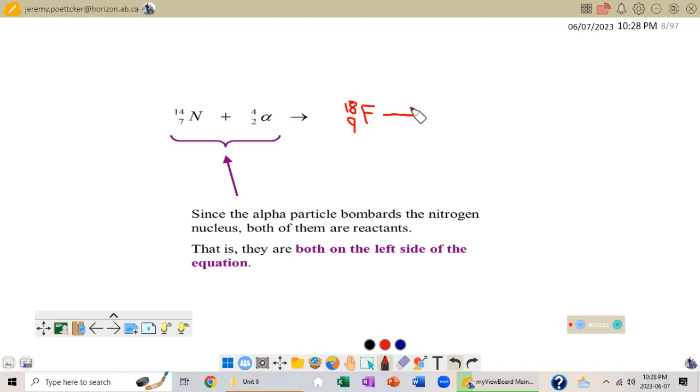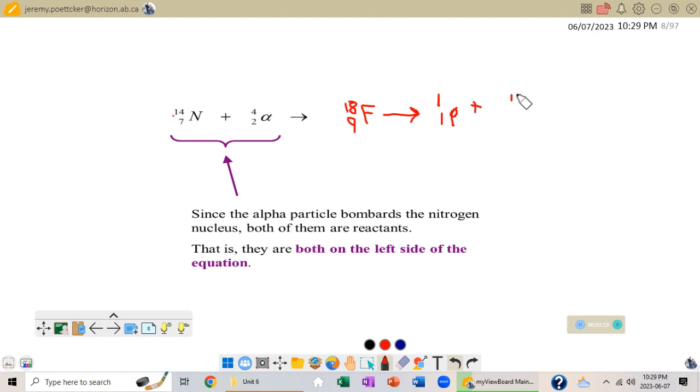So what's actually going to happen, we know we end up getting a proton out of this. Again, our atomic number is 1, and the nucleon number is also 1. Conservation of nucleon number says that there is 18 here, which means I need to have 18 over here.